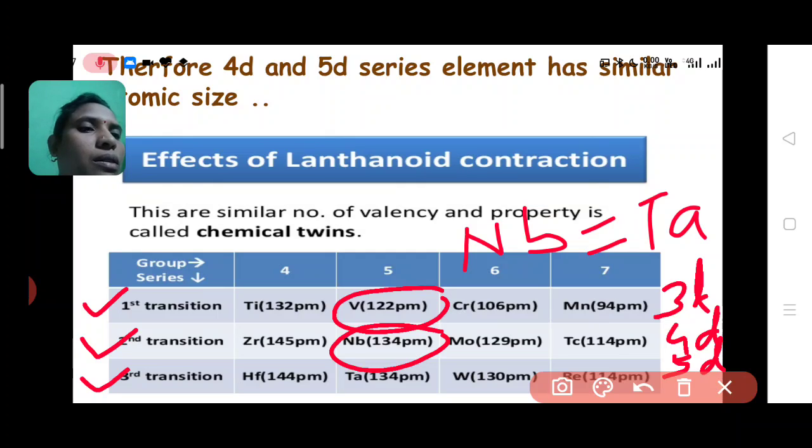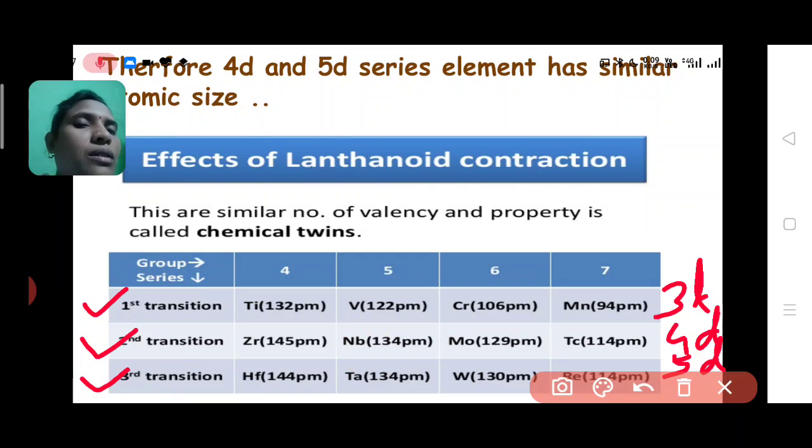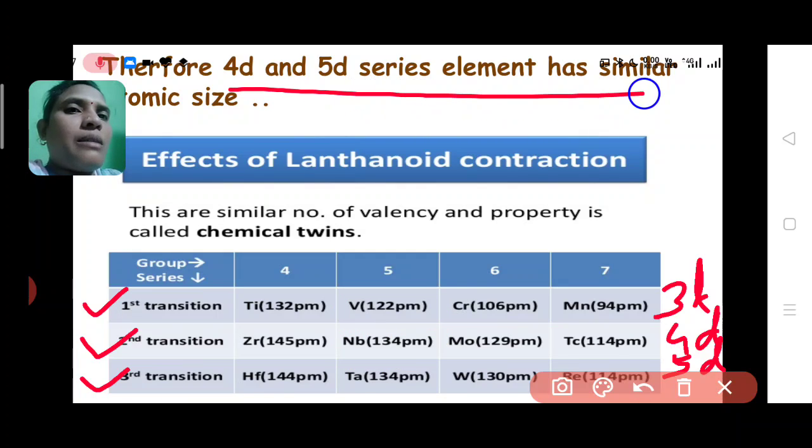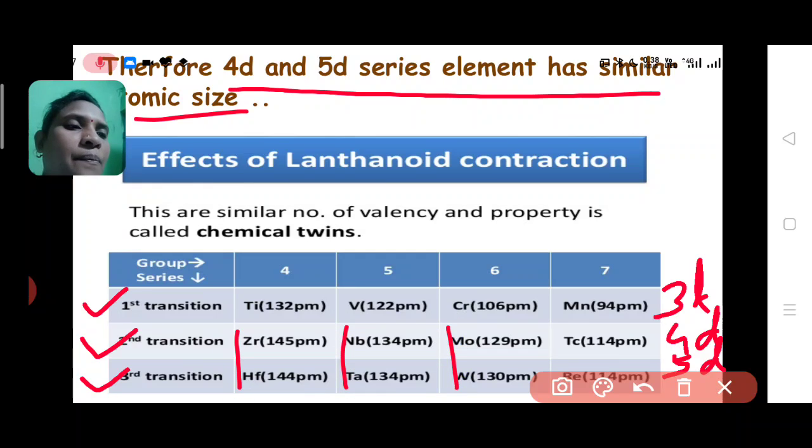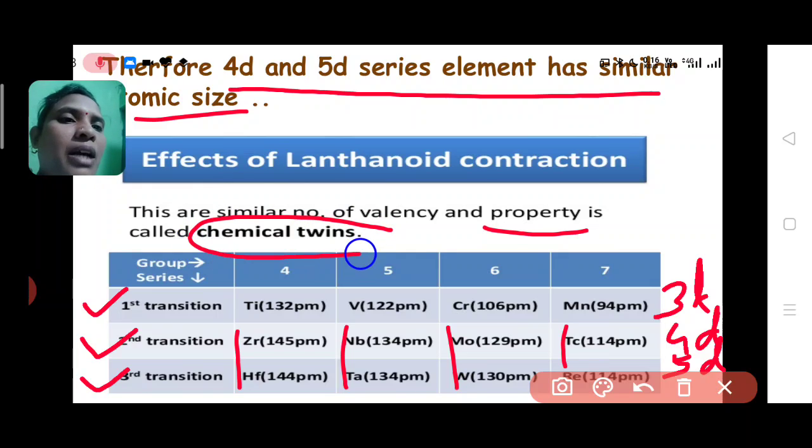So here it is concluded, and you now know, that 4D and 5D series elements have similar atomic size. So due to this similar atomic size, they have similar physical and chemical properties, and due to these similar physical and chemical properties, they are called chemical twins.